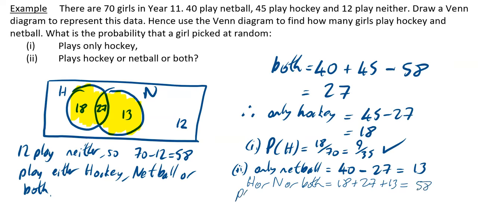So how you write the probability is the probability of hockey union netball, because that's what that means, hockey or netball or both. That is 58 over 70, which cancels down to 29 over 35, and that's as good as we can go. Apologies for how messy that was. That's it done.